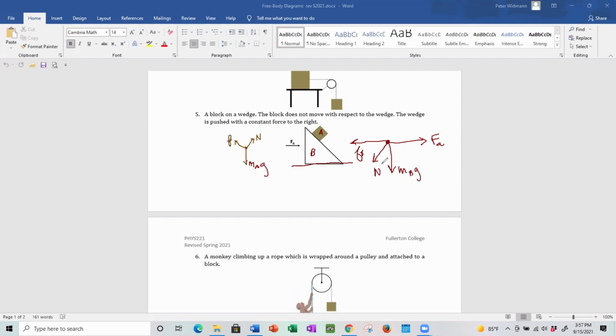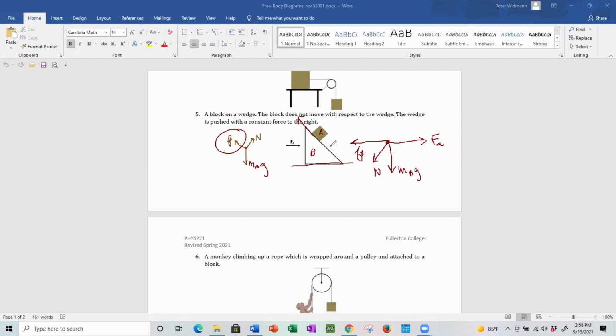There's one more, and it's the one that everyone forgets. Friction. There's a frictional force between A and B, right? Okay. So on A, it acts this way.